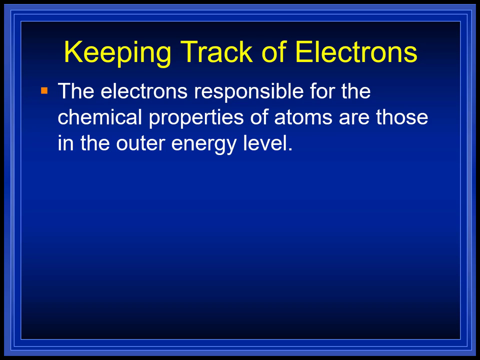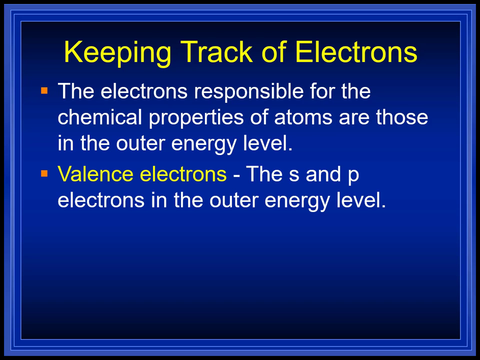And you're going to behave the way you do because you have 3 electrons on the outside. Because when another atom comes to interact with you, it's going to see those 3 electrons on the outside. And those outside electrons, we've talked about them a bunch of times, are called valence electrons.